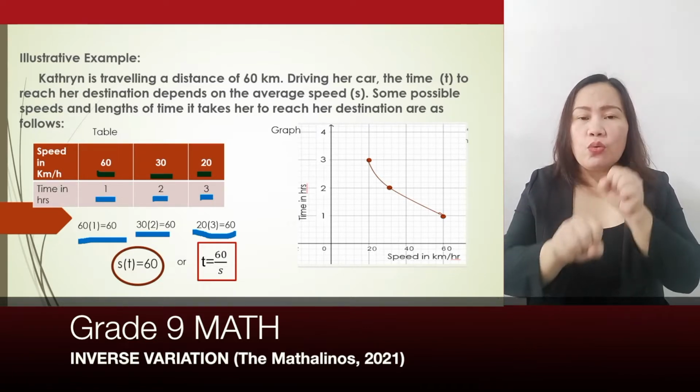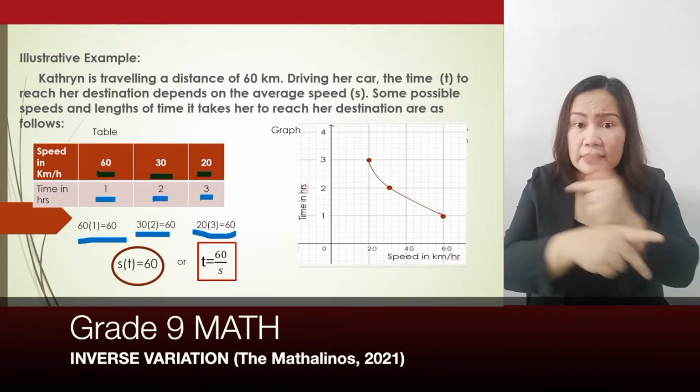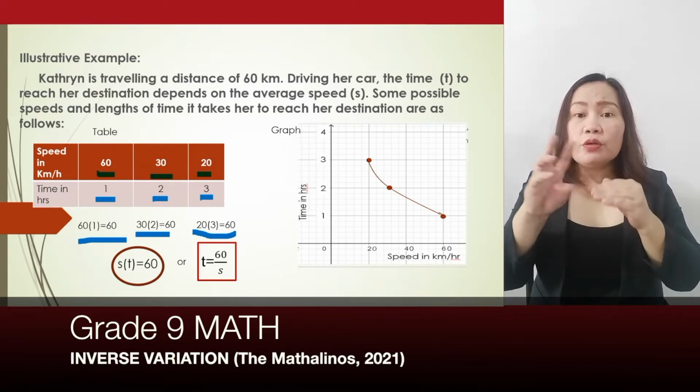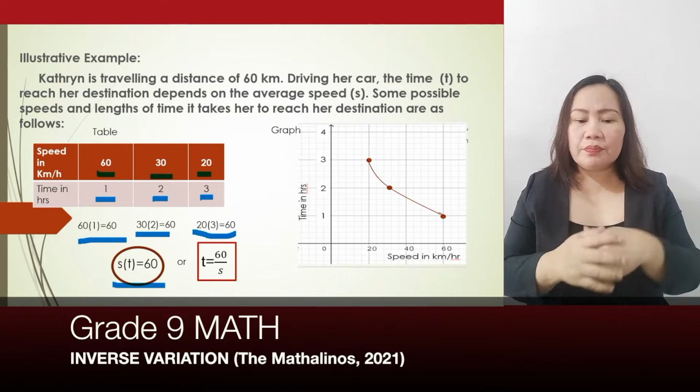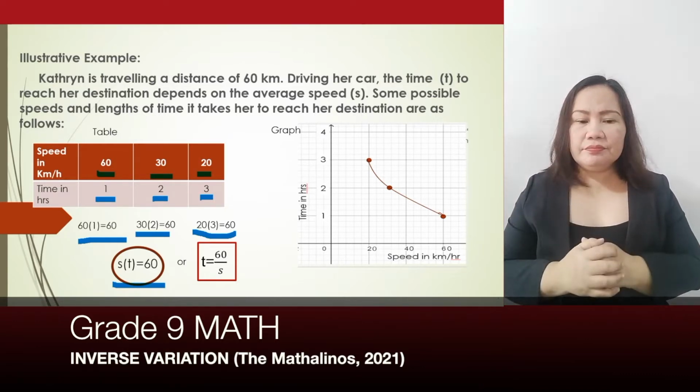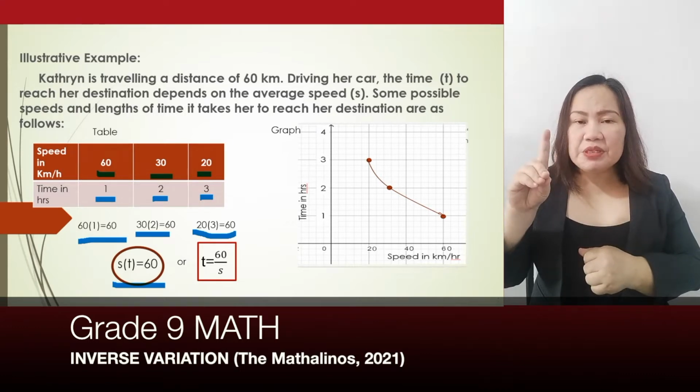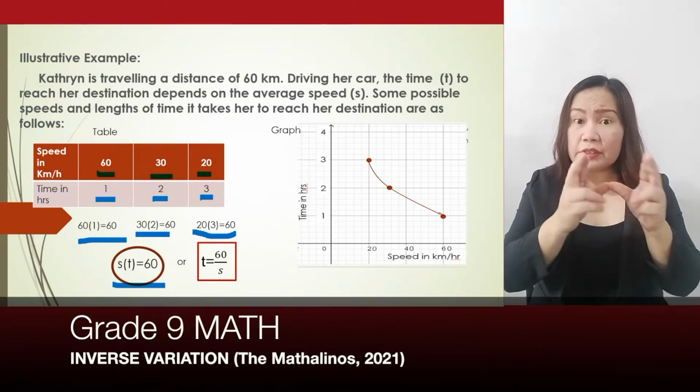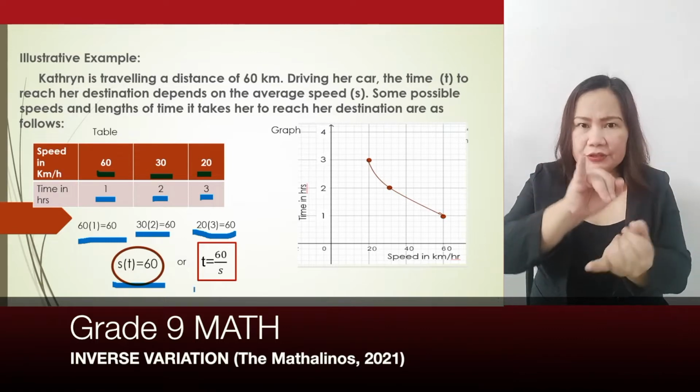So therefore, s times t is equal to 60, or t is equal to 60 over s. This relation illustrates an inverse variation.